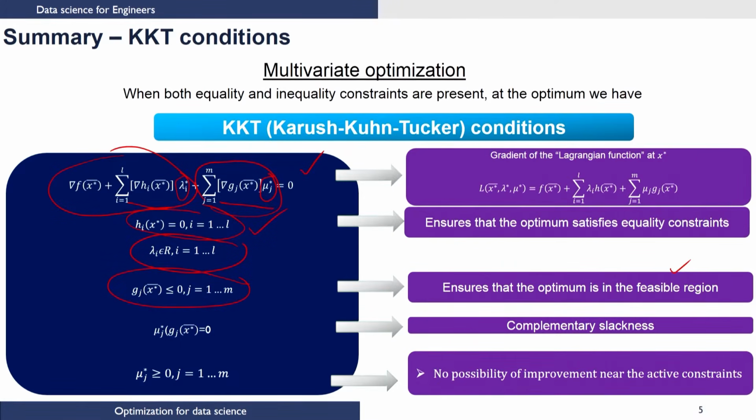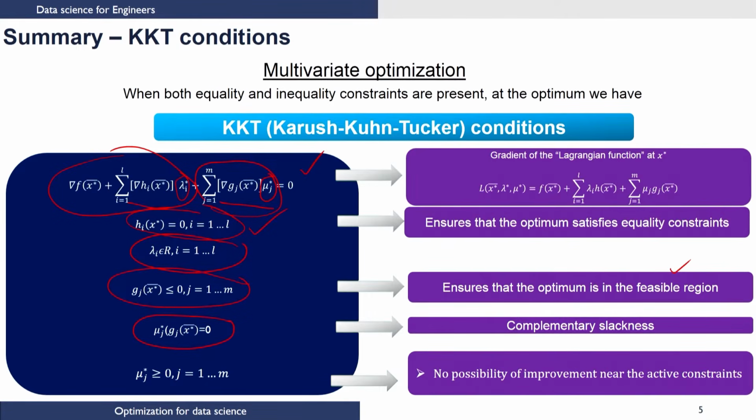Now, this is where the real difference between the equality constraint and the inequality constraint situation shows up. We also have additional conditions of this form. These are called complementary slackness conditions. What this says is, if you take the product of the inequality constraint and the corresponding mu, then that has to be 0.